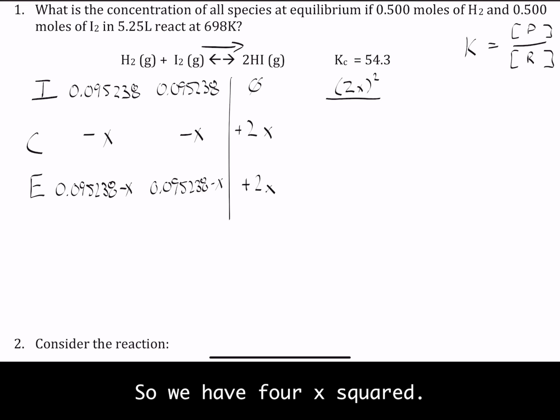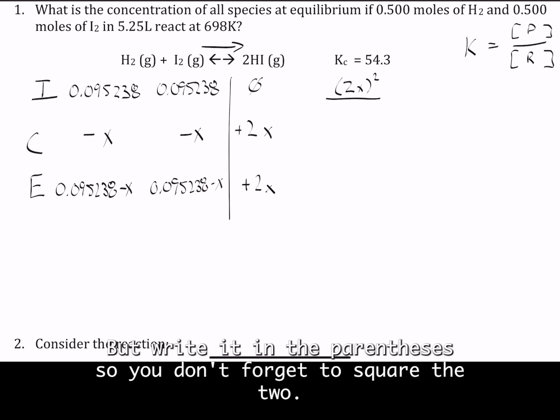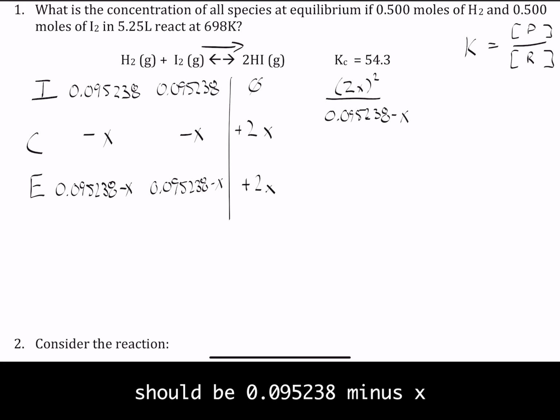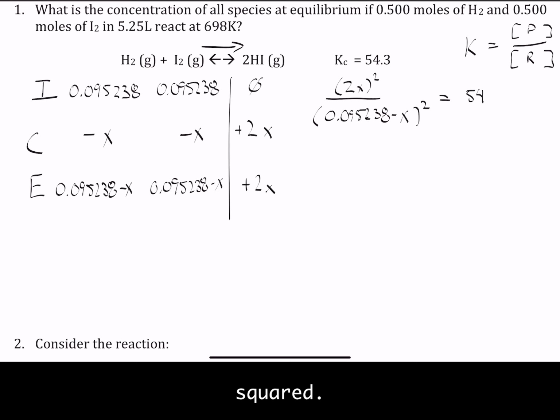So it becomes 4x squared. But write it in the parentheses so you don't forget to square the 2 also. So then this down here is going to be 0.095238 minus x squared, equals 54.3.